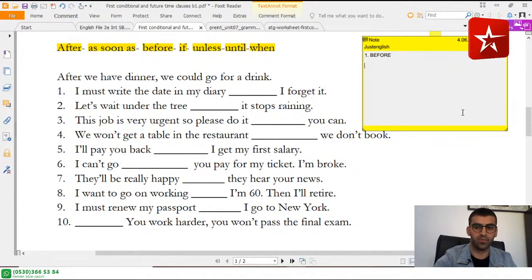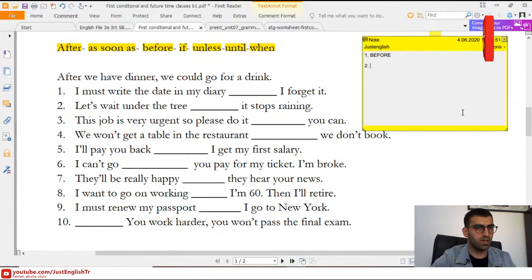Number 2. Let's continue with number 2. Let's wait under the tree. Gülsafa and Azime have already written their answers to number 2. So let's wait under the tree until they say yes.